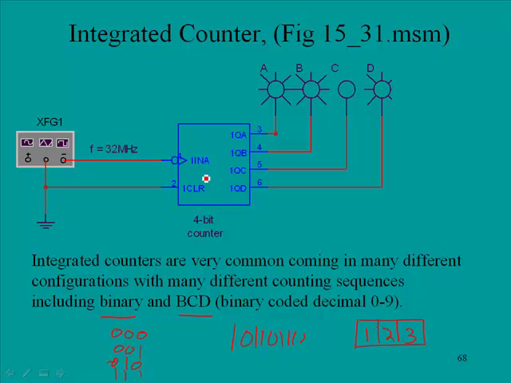So rather than having this long circuit with 20 or 30 flip-flops and AND gates and OR gates and whatever, you just simply have an integrated chip that does the same thing. You don't see all of the flip-flops, but you just plug it in, and in this case we have a signal generator input, and then our outputs here are simply the 4 bits.